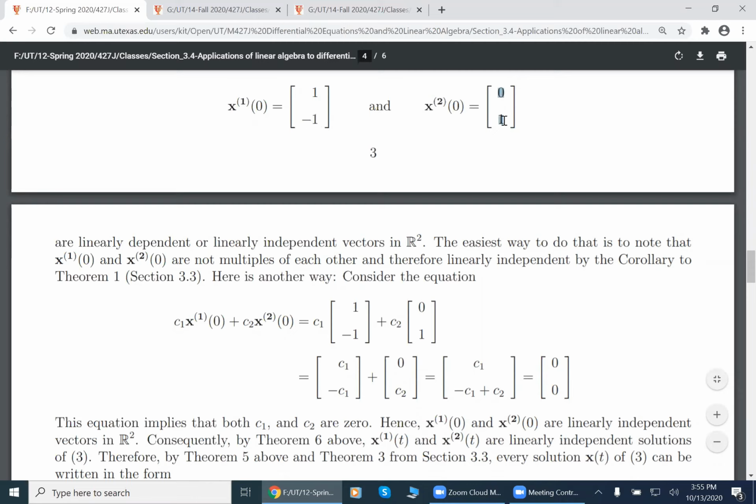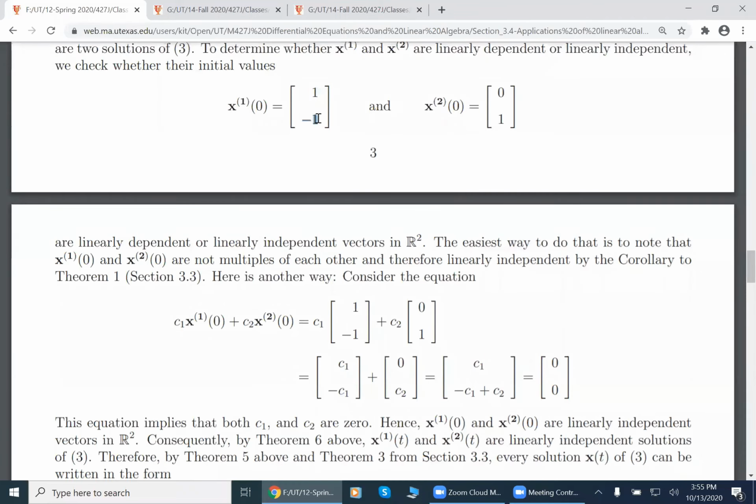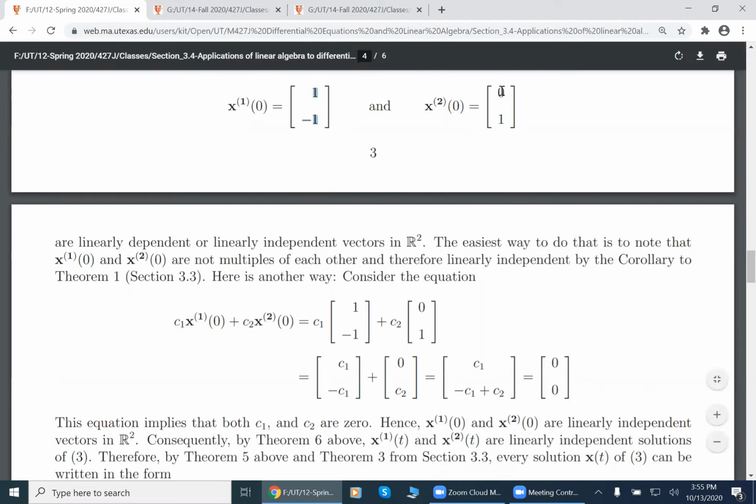Similarly, this is not a constant multiple of this because if 0 is a constant multiple of 1, then lambda is equal to 0. But if lambda is equal to 0, negative 1 times this lambda is 0. But we need 1. So contradiction. This is the easiest way to show that these two matrix columns are linearly independent.